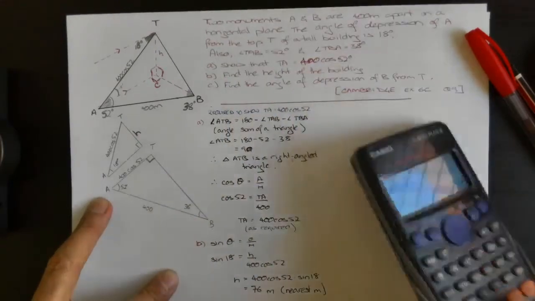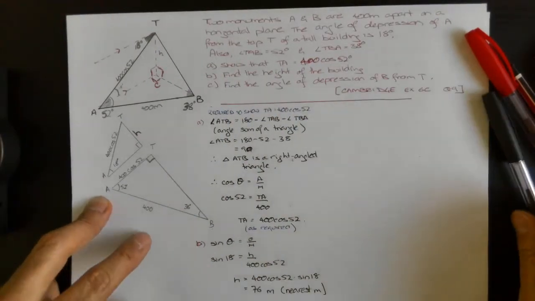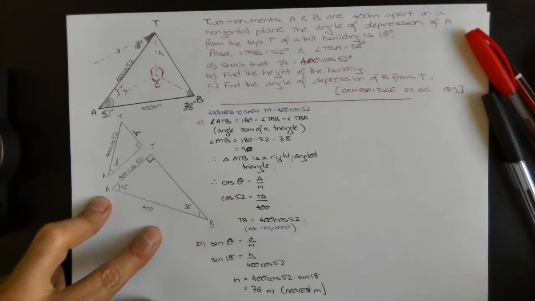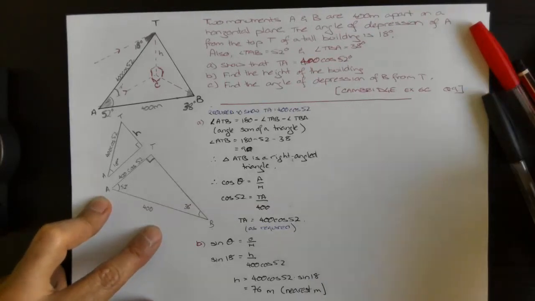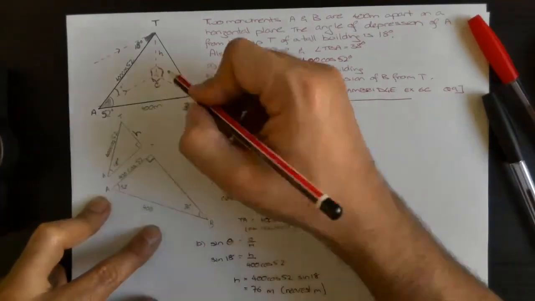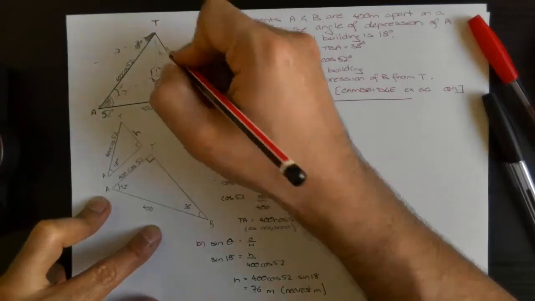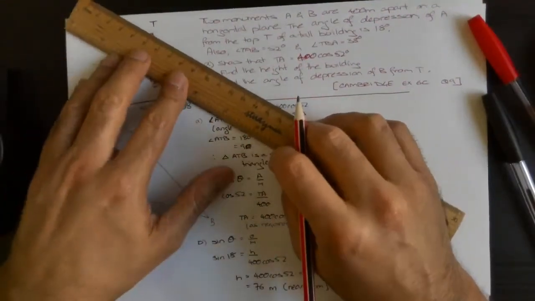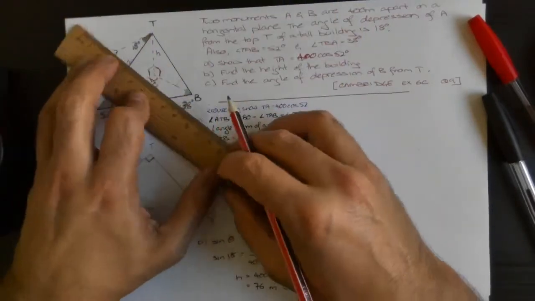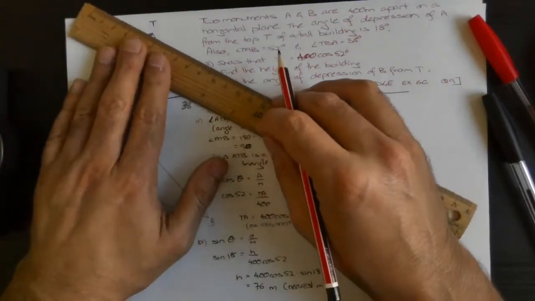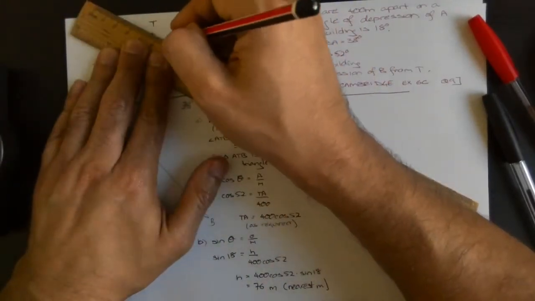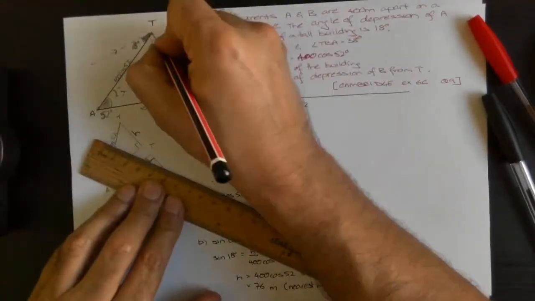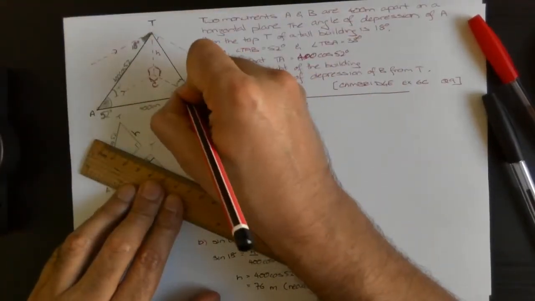Okay. All right. So now we want to find the angle of depression of B from T. If we had another parallel line, we want to find this angle of depression, which is the same as this angle here.